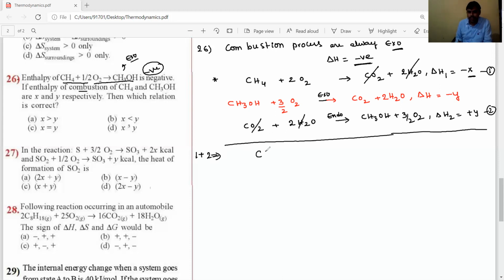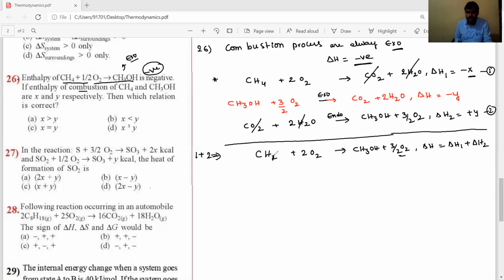Then CH4 plus 2O2 is converted into CH3OH plus 3 by 2 moles of O2, and for this, delta H is equals to delta H1 plus delta H2. Okay, and this 3 by 2 is coming on the left side.